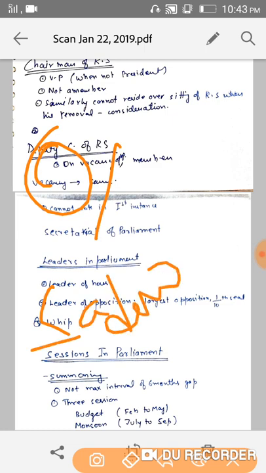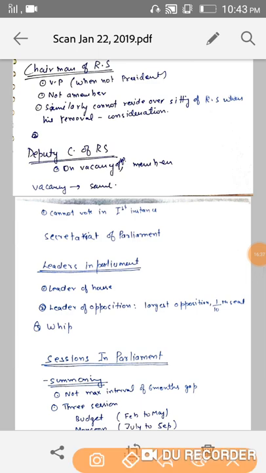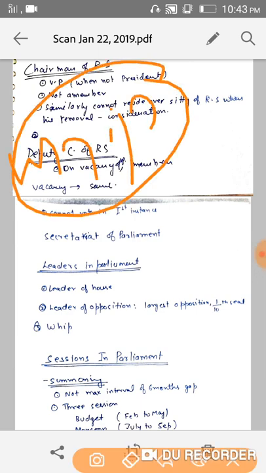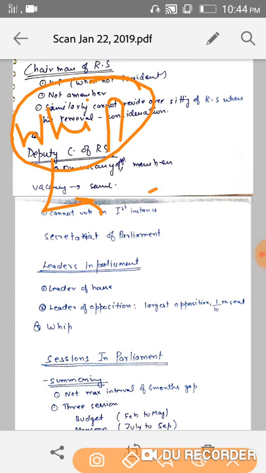Then we come to the last topic, that is the whip. The whip of a party is neither written in the constitution nor mentioned in the rules of procedure of our country.